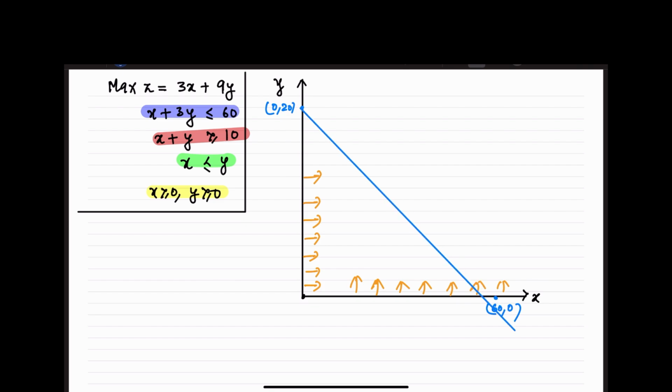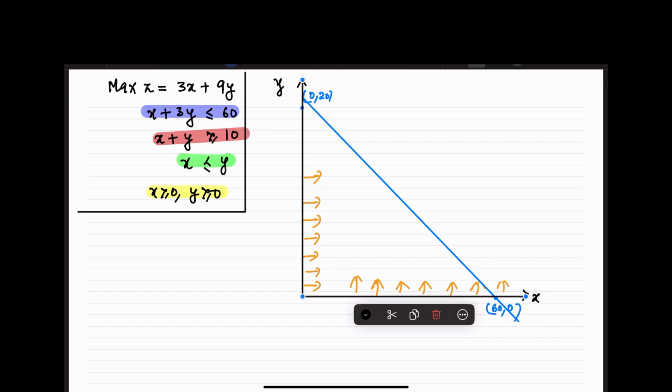This is the line. Now which side of this line? Put 0, 0: 0 is less than 60. So it is satisfying. So the region is towards the origin. So that means the region is this.